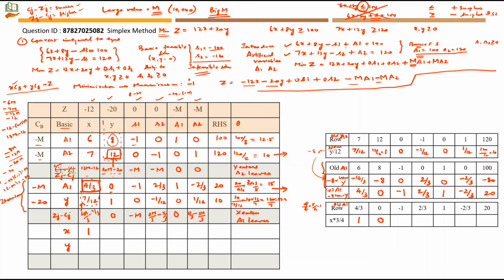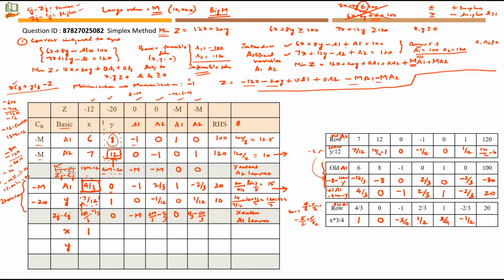Minus 1 into 3 by 4 will give me minus 3 by 4. 2 by 3 into 3 by 4 will give me 3 get cancelled. 2 2s are 4. So it is 1 by 2. Then 1 into 3 by 4 will give me 3 by 4. Minus 2 by 3 into 3 by 4. Just a minus for this answer. So it is minus 1 by 2.